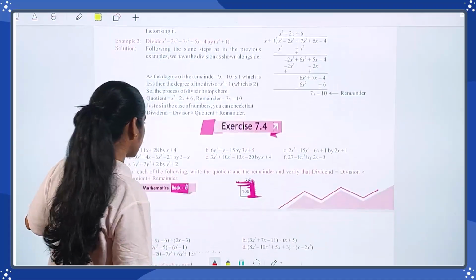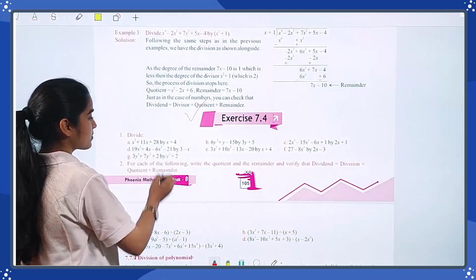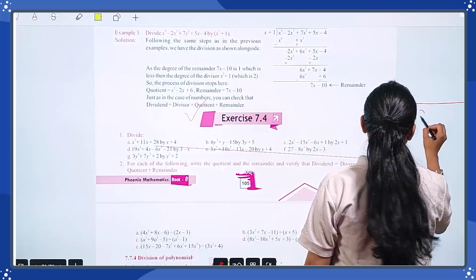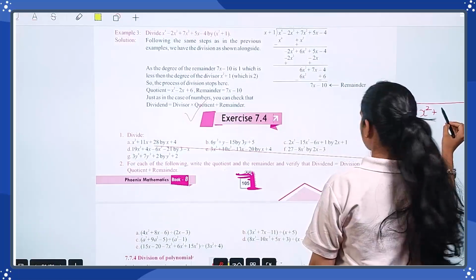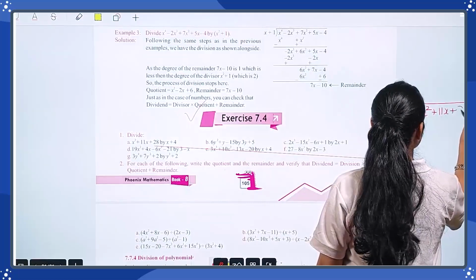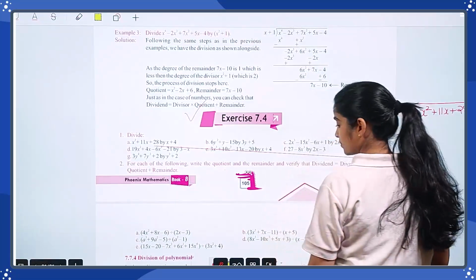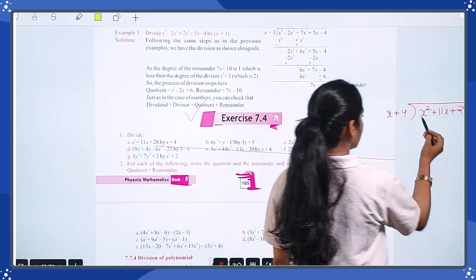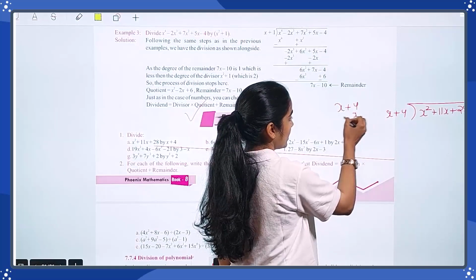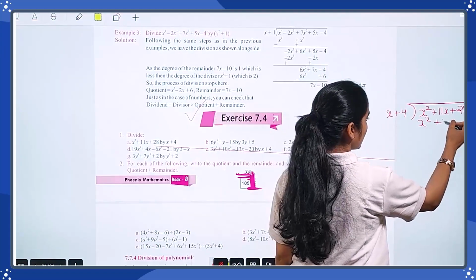So now we will start our exercise 7.4. x square plus 11x plus 28 divided by x plus 4. Now what you have to do? You need x square. So x plus 4 multiplied with x gives x square, and x multiplied by 4 is 4x.